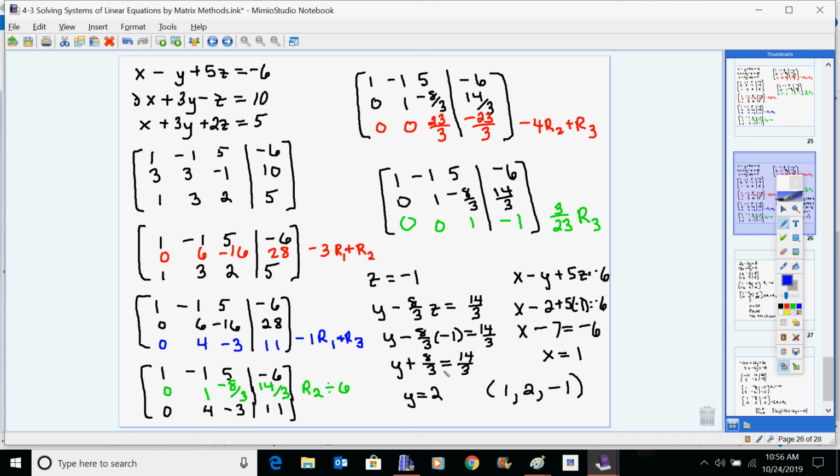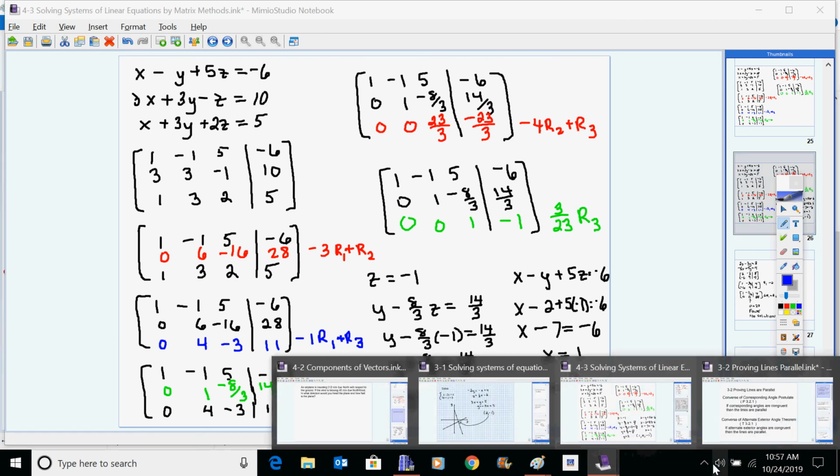You plug in the other numbers that you got, we found our y, we found our z, and you get x equals 1, just so we can finish off the problem. And your ordered pair is (1, 2, -1). And that's that.